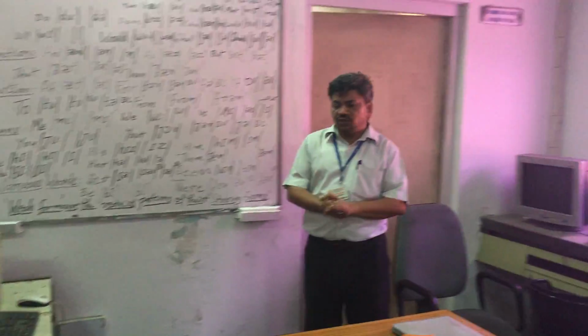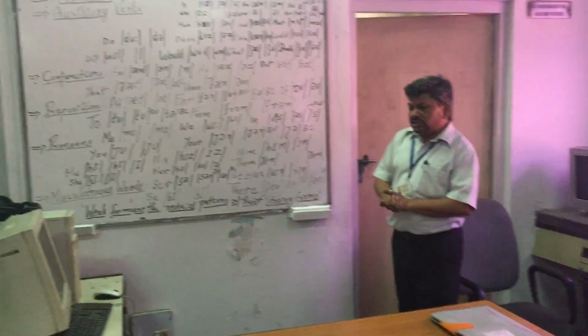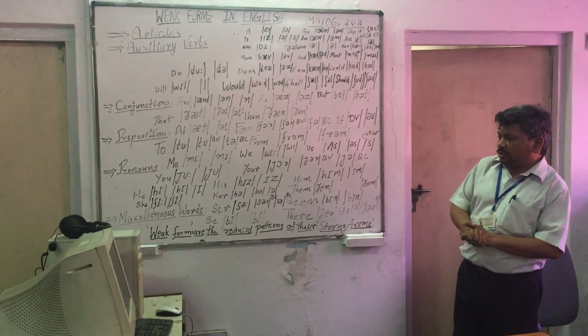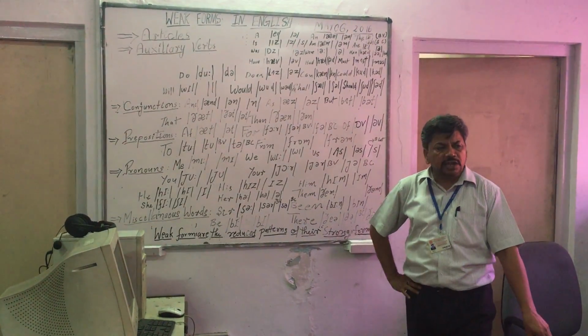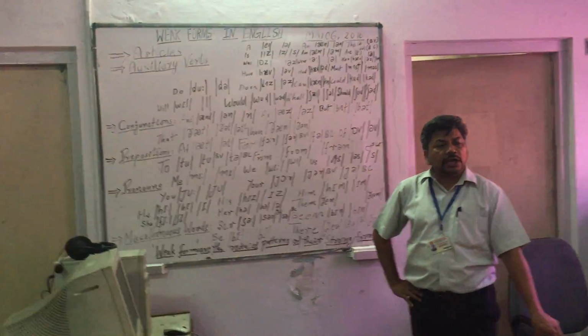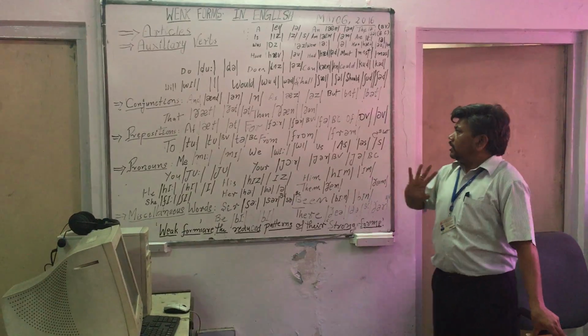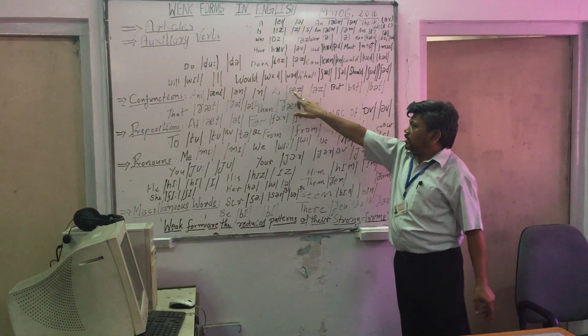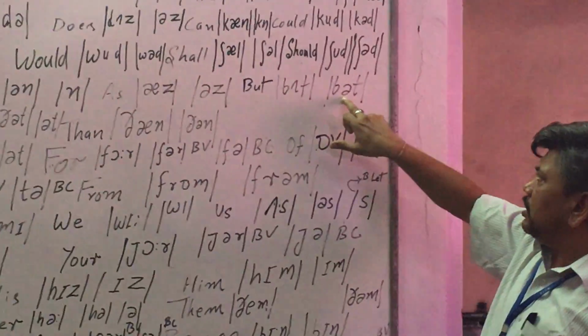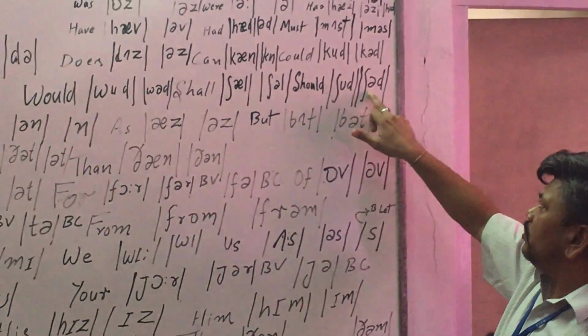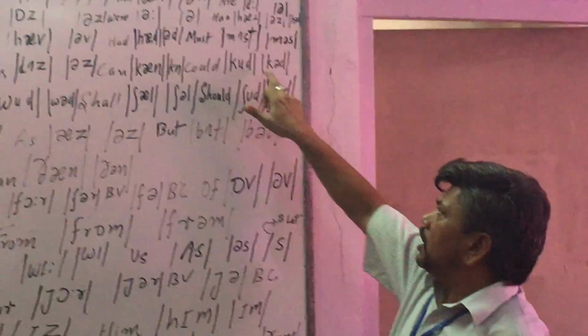Ultimately we come to this point that for understanding weak forms, we need to understand a very particular sound that is known as schwa. If you see here, 'as' weakens into 'es', 'but' weakens into 'bet', 'should' weakens into 'shed', 'could' into 'ced'.